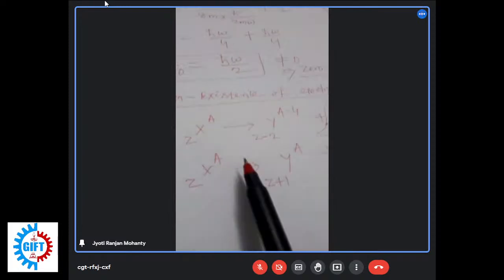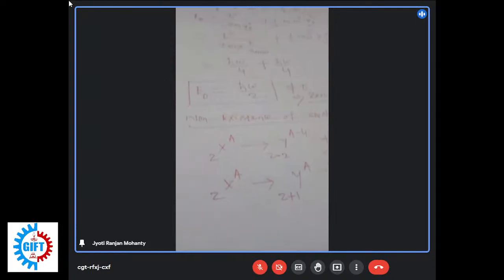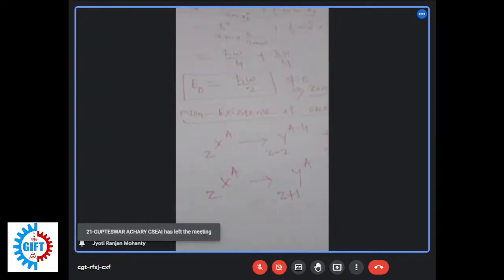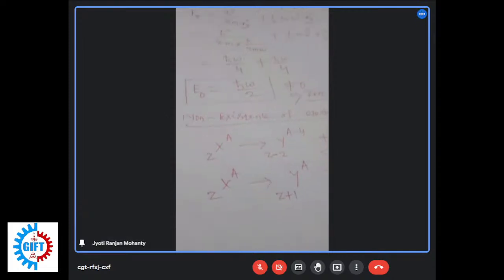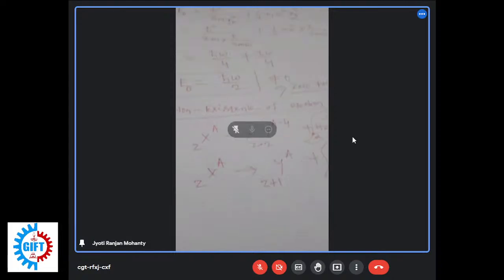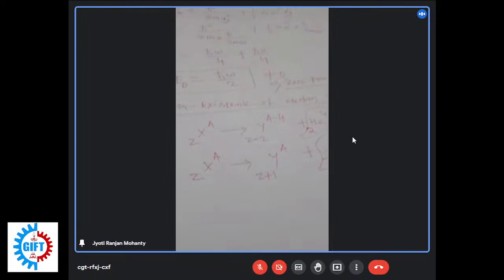Okay? We all know that electrons revolve around the nucleus. But in only one exceptional case, that is beta decay, it has been seen that the electron comes out from the parent nucleus.